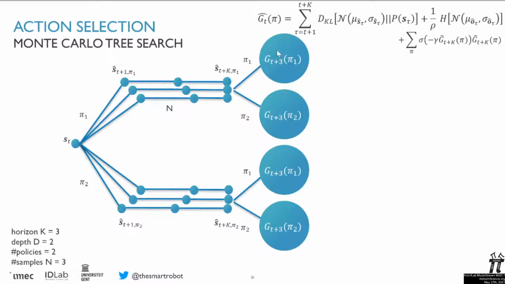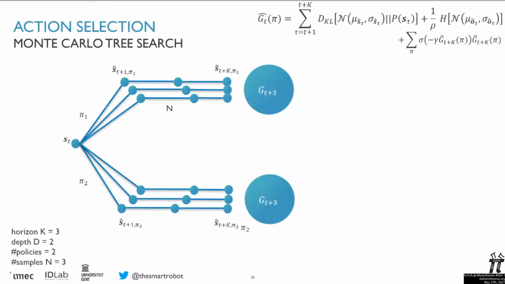So if policy 1 has a very, very low expected free energy compared to policy 2, then basically only the expected free energy of policy 1 will be added thereafter. If they are kind of the same, then they will both have kind of a 0.5 weight, or if the other one is the clear winner, then it will mainly be the contribution of this one. But so we basically combine these, assuming that your agent will at that point also select the policy with the least free energy.